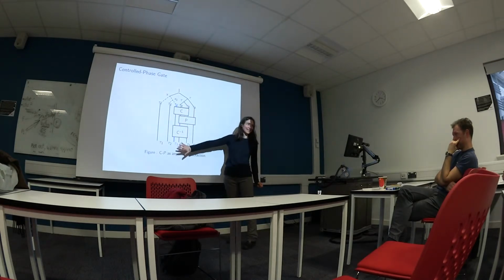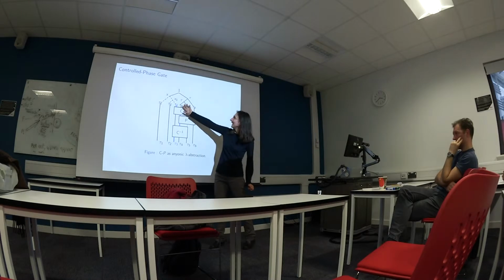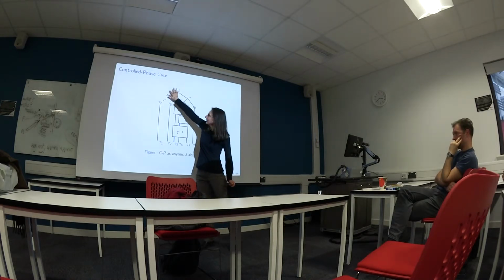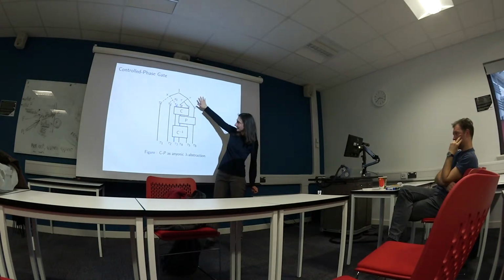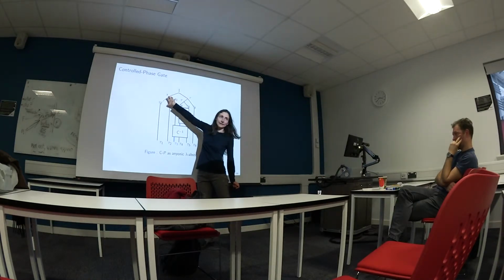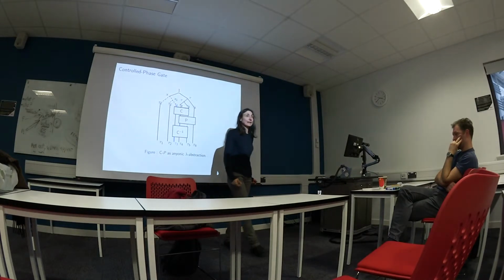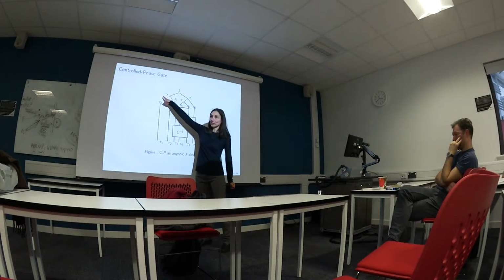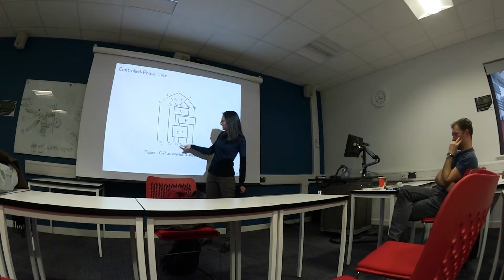I represent this as a tree, but this is an anyonic lambda term. This is my tree, this is my term. This subterm is the variable, and the subterm represents the control qubit. Depending on the instantiation of this, the result would be the application of P, the phase gate.